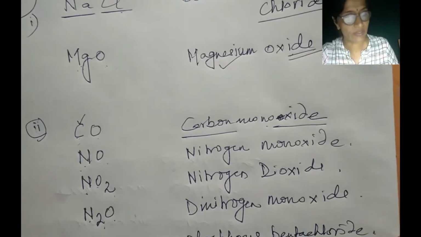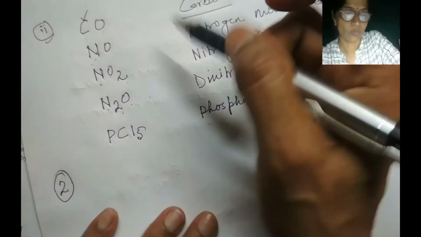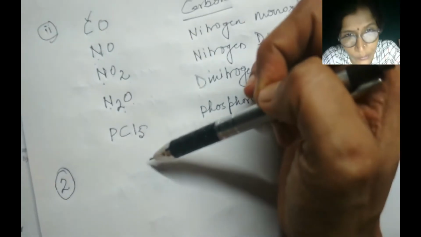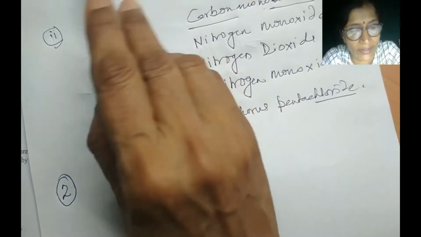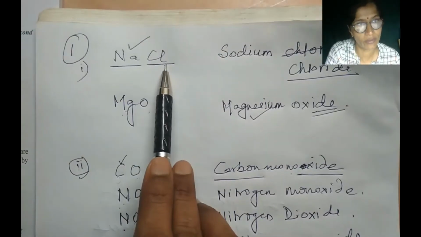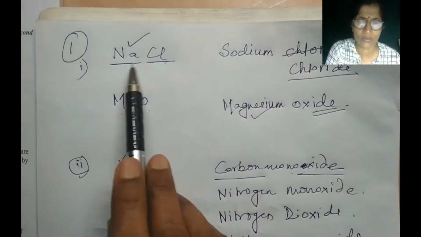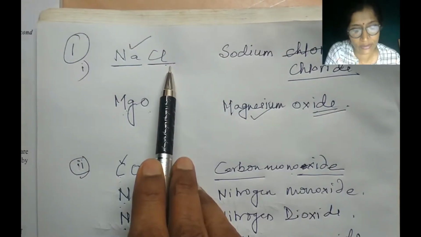Now next, suppose a compound is there. That's one interesting thing I'll tell you here. When a metal and a non-metal are there, I always write sodium here and chlorine here. Metal first, then non-metal. Okay, so we know that metal will be written first, then non-metal after that always.